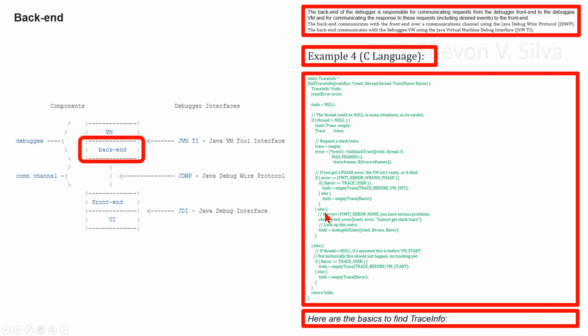Calling get stack trace could also return an error message that the VM is not in the live phase, but a value JVMTI_ERROR_NONE indicates that you did get a stack trace.